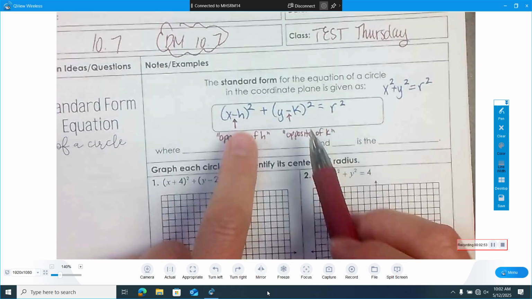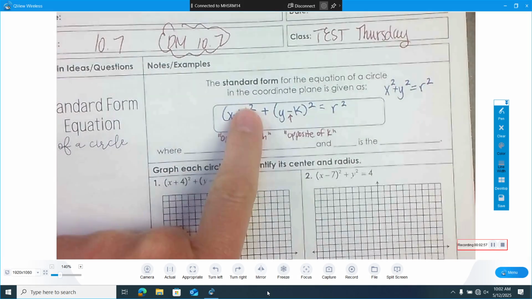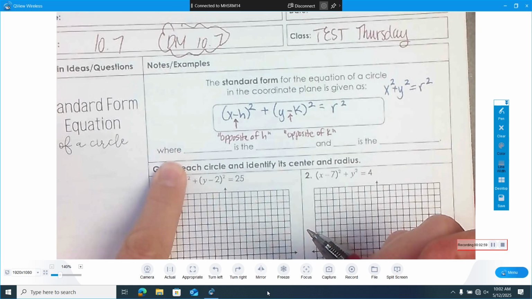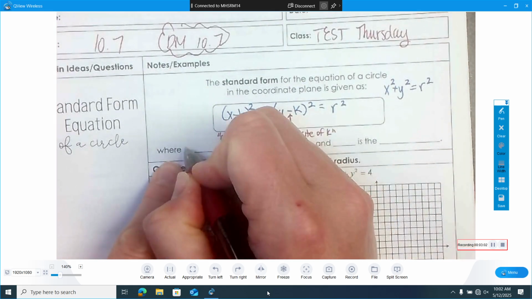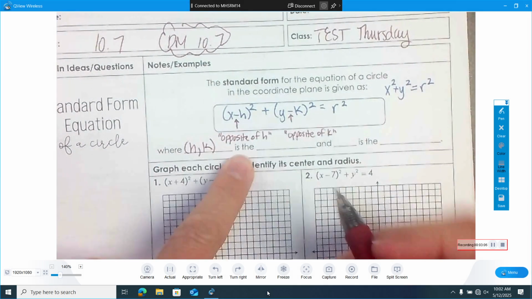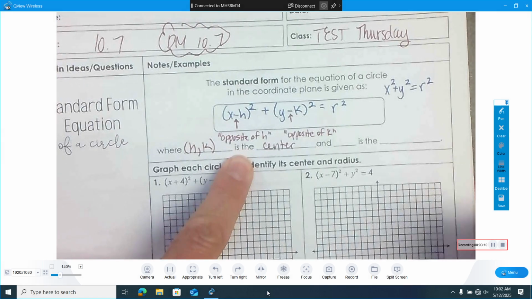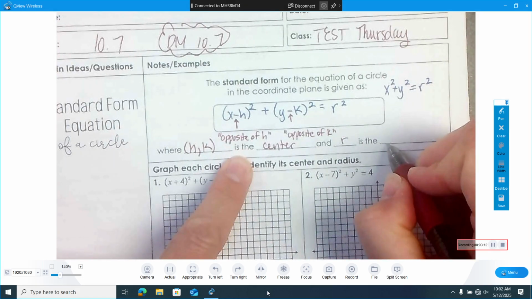When we have this form, the h and the k, (h, k), is the center of the circle and r is the radius.